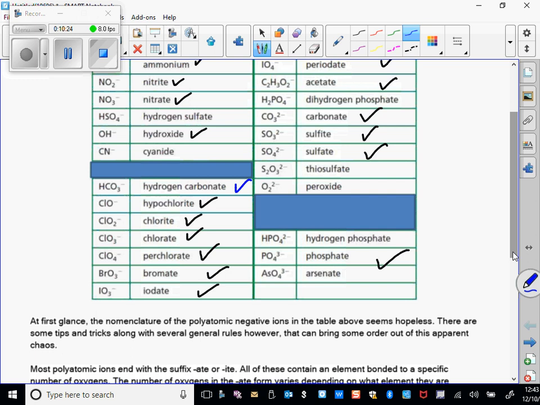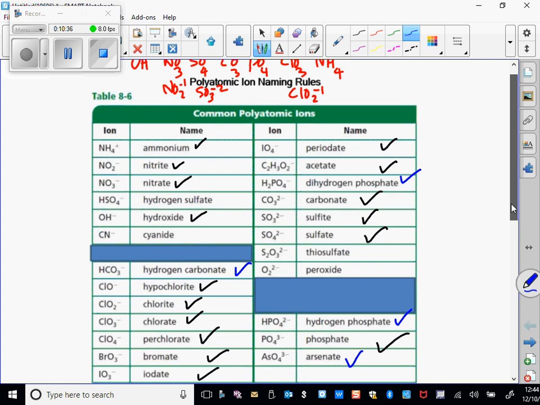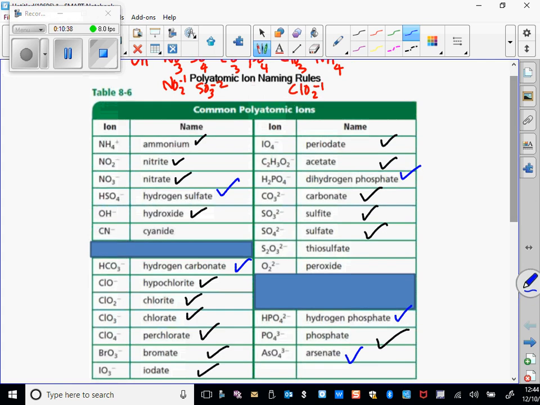So now I know hydrogen carbonate, hydrogen phosphate, dihydrogen phosphate, I know arsenate. Okay, I know hydrogen sulfate. So which are the odd ones now? Cyanide, thiosulfate, peroxide, and cyanide.